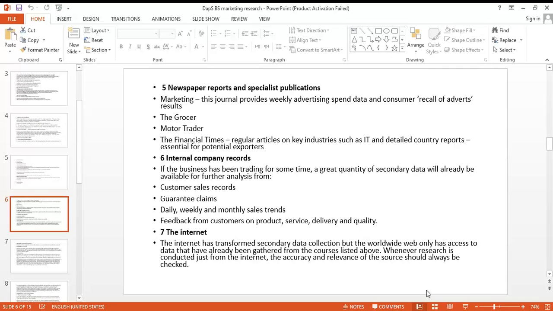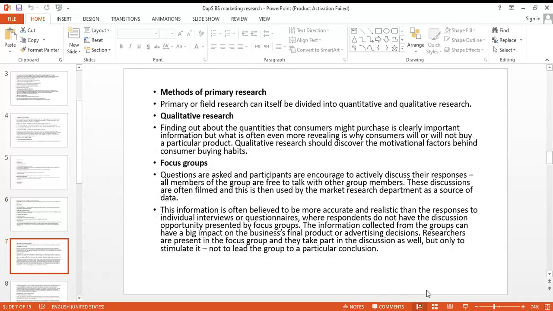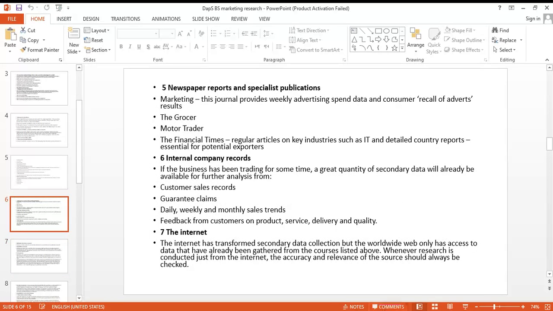Use it. And then a very important source, probably the most important source these days, is the internet. A lot of information is available on the internet. You can buy this information, or you can use it.